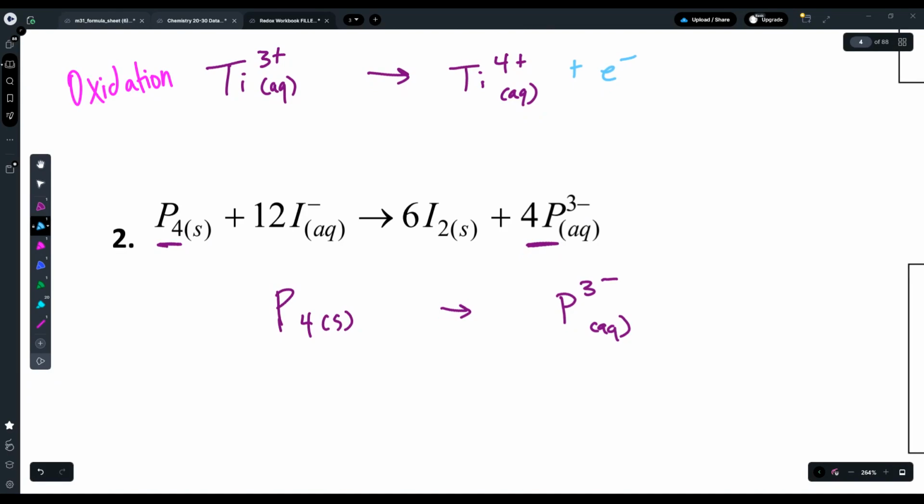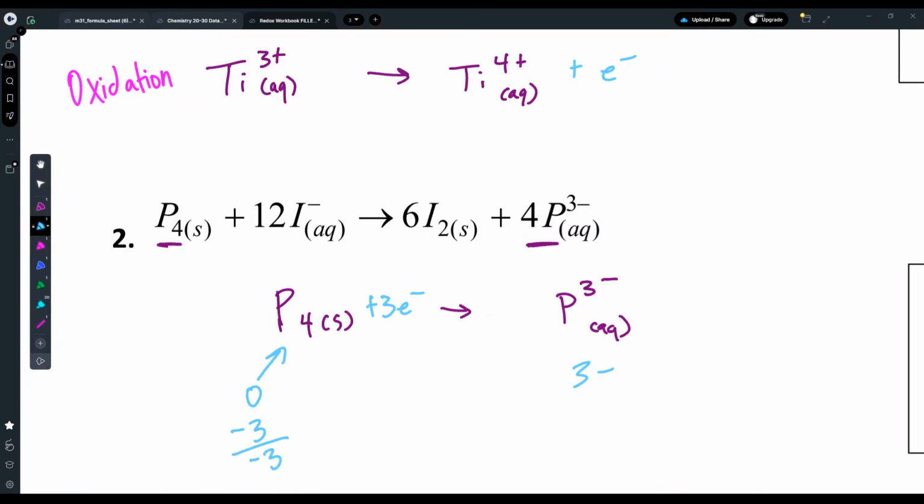Whenever you have an element by itself, its charge is going to be 0. So the overall charge of the reactant side for this half reaction is going to be 0. For the product side, it's 3 minus, or -3. Once again, I'm going to the more positive side, which is the reactant side, and I need to add 3 electrons in order to get it to that -3, or 3 minus, however you want to say it.